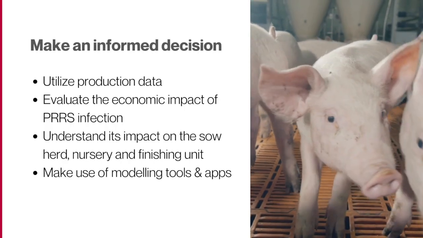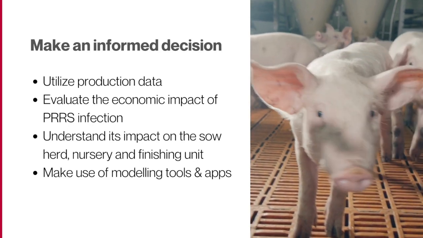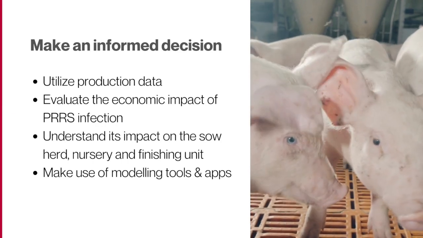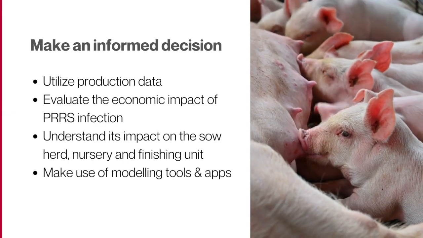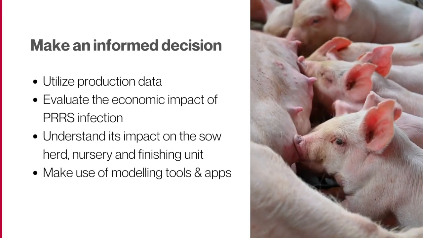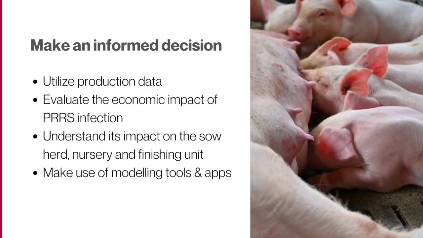Even separated by the different units or different production systems in your farm, meaning you know the cost of PRRS in the sow herd, you know the cost of PRRS in the nursery part, and you know the cost of PRRS in your fattening part of your production system. So that's of great help.